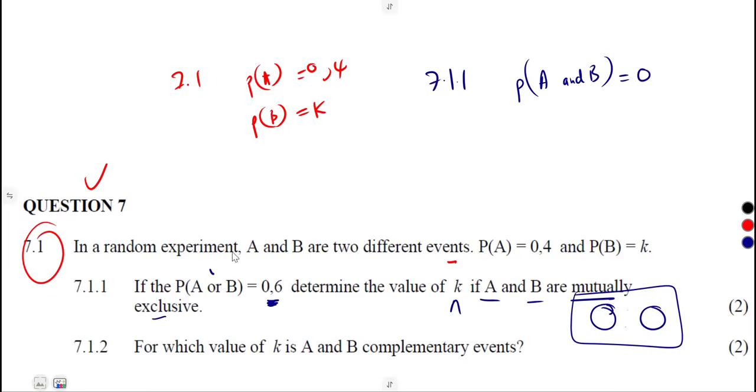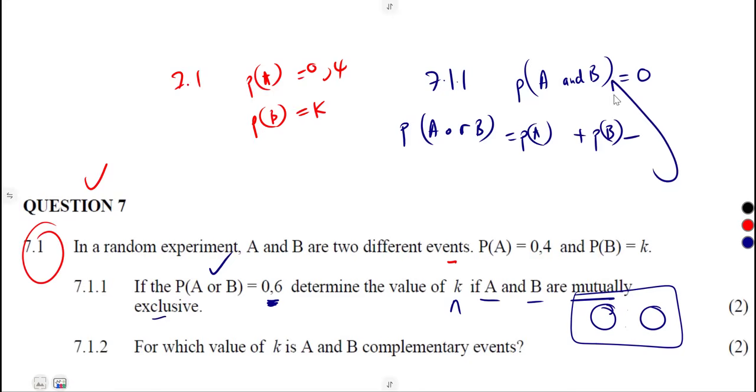Remember, probability of A or B is equal to probability of A plus probability of B minus probability of A and B. But there is a 0 there. There's nothing that you're going to subtract. So therefore, for mutually exclusive, it follows that these two are equal. Probability of A or B, we are given 0.6.